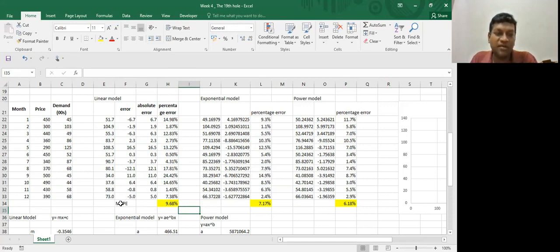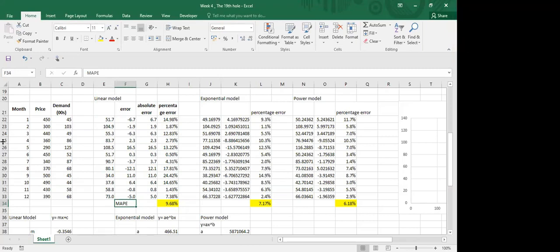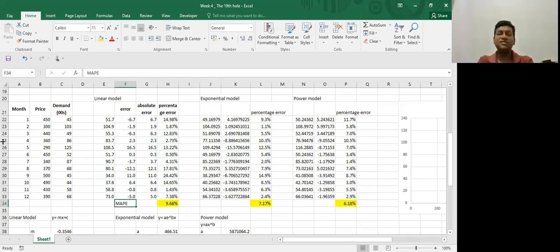And the percentage error, MAPE, or the mean absolute percentage error of these three different models. Now the decision should be fairly simple. Which is the best model? Power model. Clearly the power model, because that is the least.